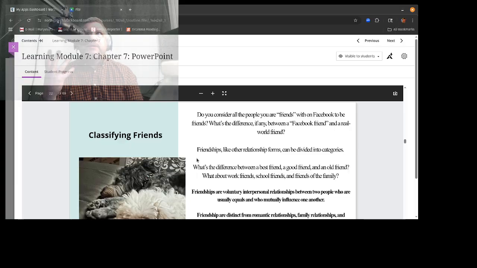I want you to think about Facebook or Instagram. Are the people that you're friends with on Facebook really your friends? What, if any, differences between a Facebook friend and a real-world friend are there, right? Friendships, like other relationship forms, can be divided into categories.